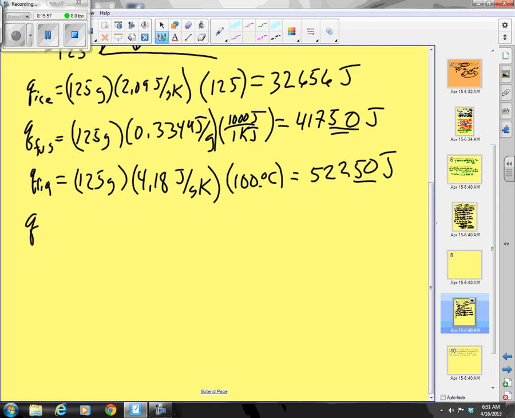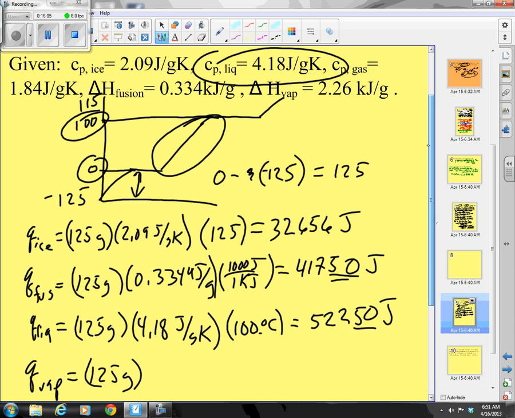Then what do I get? After fusion and liquid comes vaporization. So 125 grams times delta H vaporization. What's delta H vaporization?